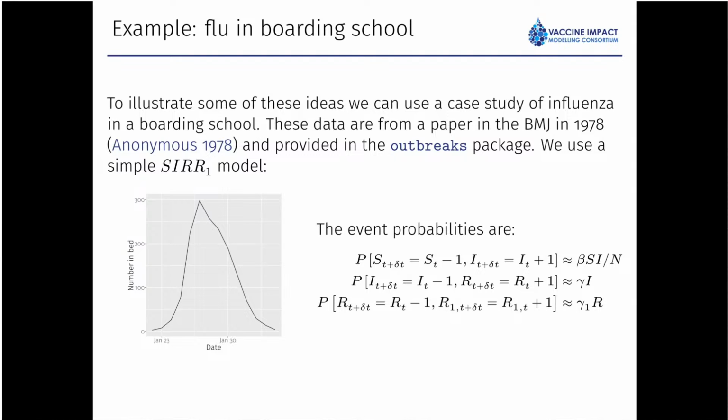In this particular case, this is a slightly bizarre data set. What they do is they move people into the hospital wing, which they assume is the removed class, because they're not transmitting anymore since they've been isolated from the rest of the school. But then at some later time point, they move them away from the hospital wing to convalesce, okay?